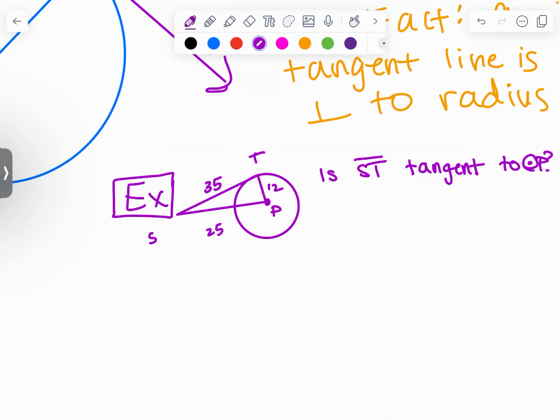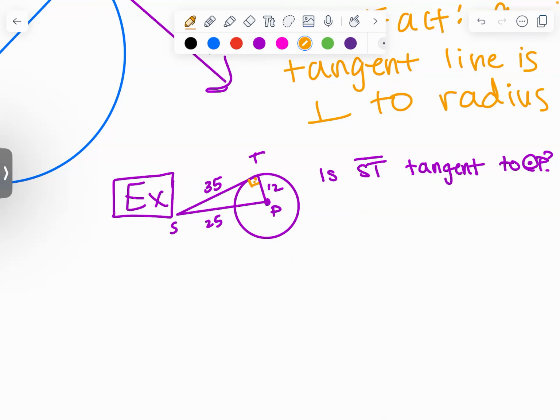That was better. If ST is tangent, what do we know about that triangle? It's a right triangle, okay? So maybe, I'm gonna put a little question mark, maybe that's a right angle.